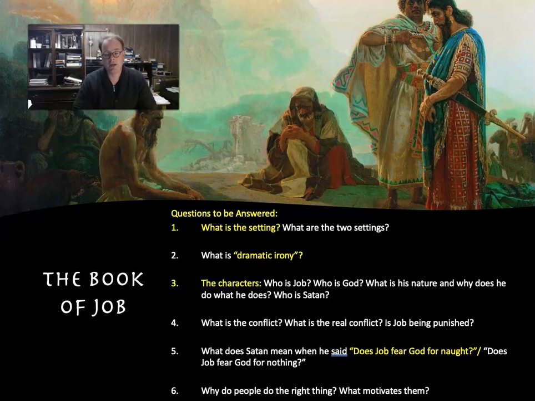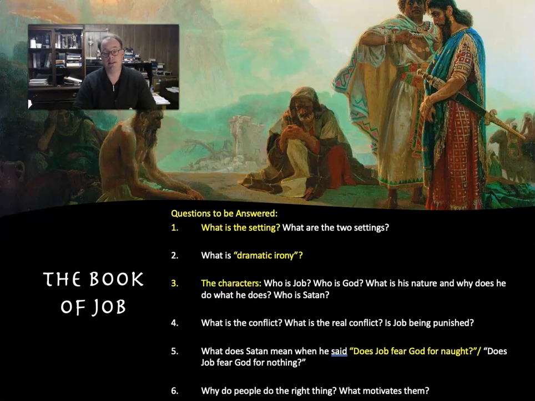So what is the conflict? I mean, we don't want to answer it in class, but the conflict is interesting. Job suffers. Now, on one hand, that seems to be the conflict. But this raises the question, why does he suffer? It raises the question of what the point of it all is about.